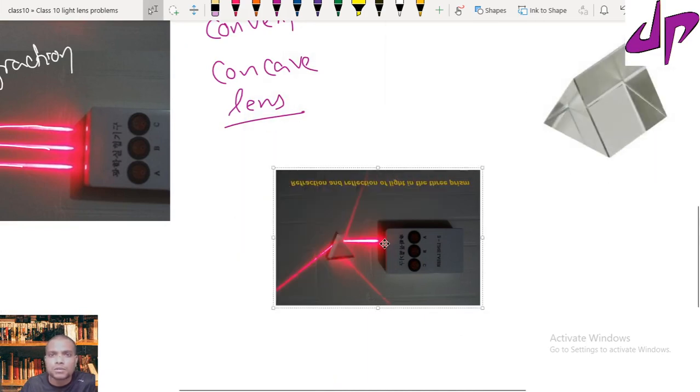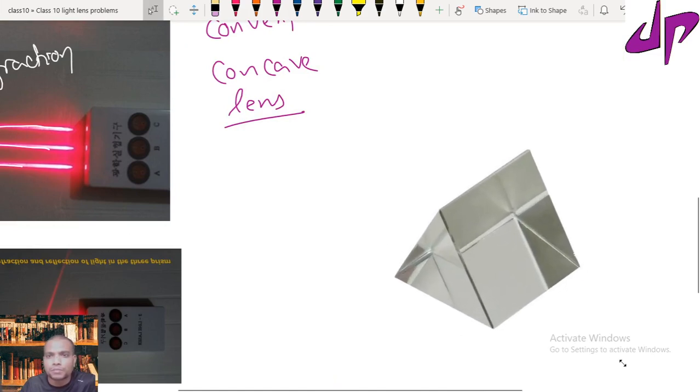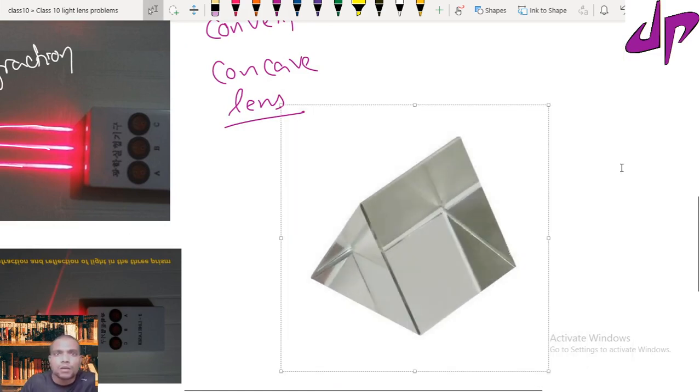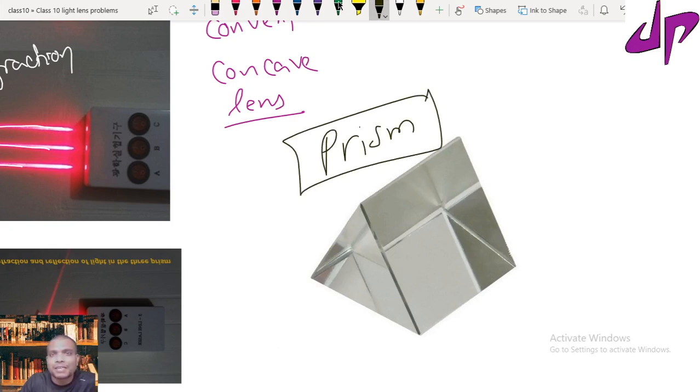So this we call a prism. It is made up of glass, and it has the shape of a triangle. To draw a diagram, you need to represent it like this. Just like a lens, it's made up of glass, but it has a triangle shape.